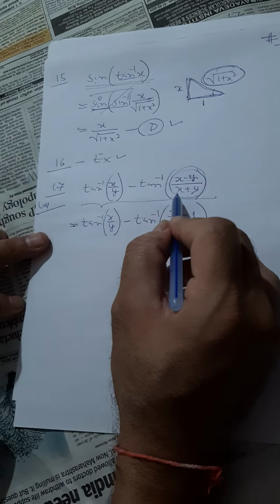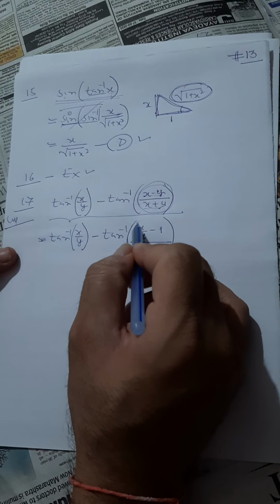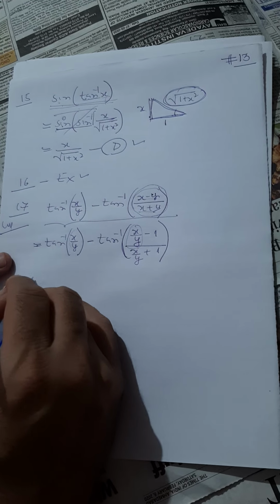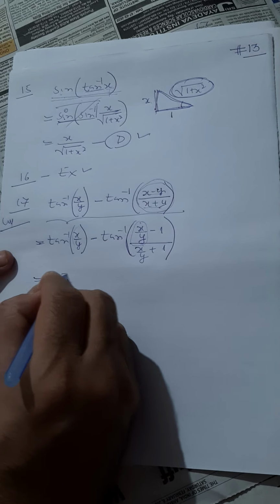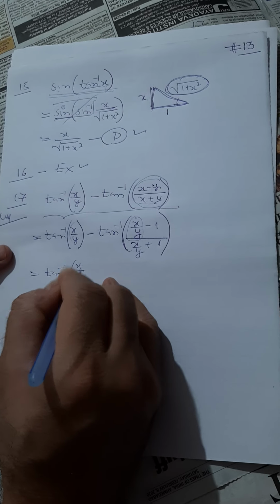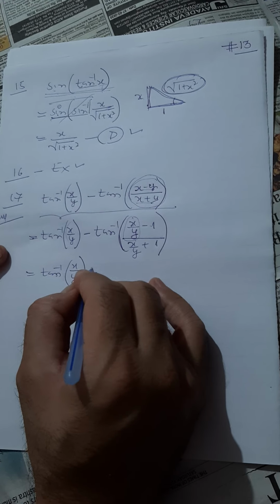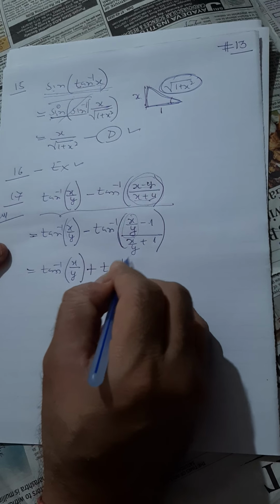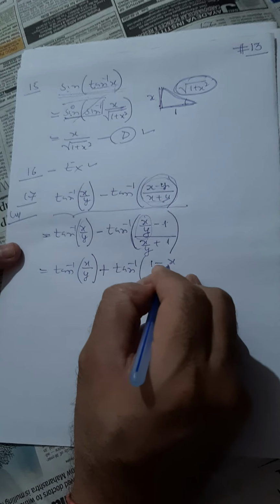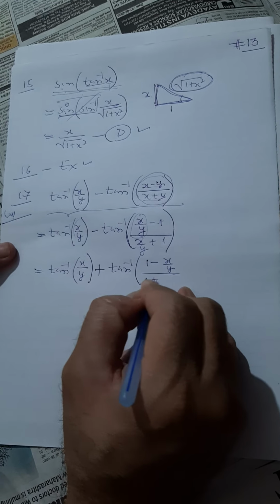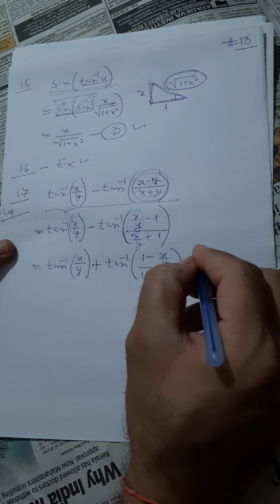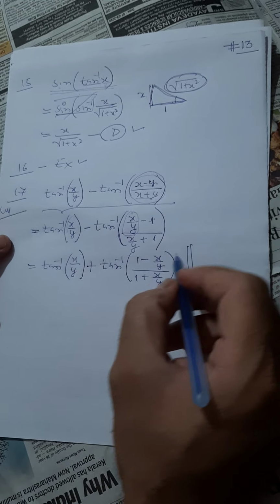Dividing numerator and denominator by y. Why are we doing this? Because we want x by y. So this is tan inverse x by y as it is. You take minus common from this. So this is plus tan inverse, here 1 minus xy upon 1 plus xy. Why we did this? You will see in the next step.